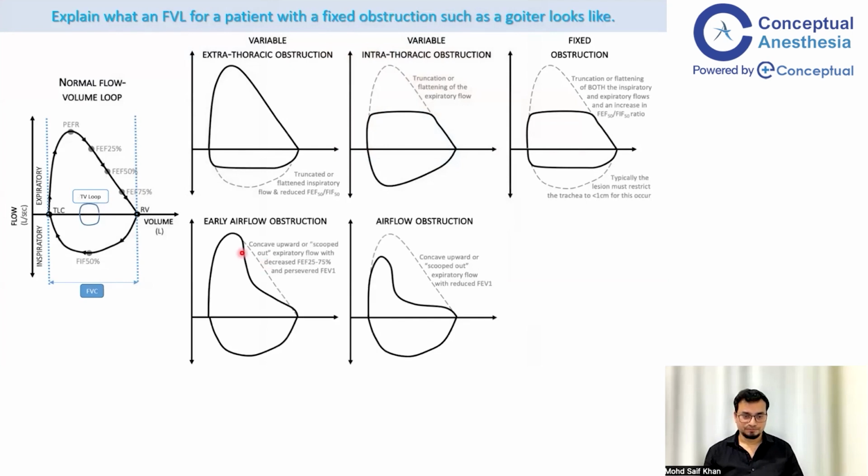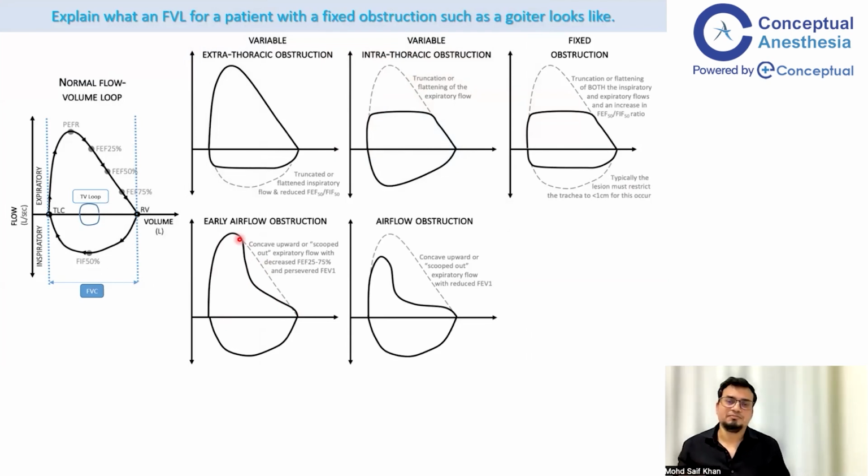So this is your pattern. What happens initially in early airway obstruction, there may not be significant drop in the peak expiratory flow rate. So what is normal peak expiratory flow rate? The normal peak expiratory flow rate is about 300 to 500 liter per minute, or 5 to 6 liter per second.